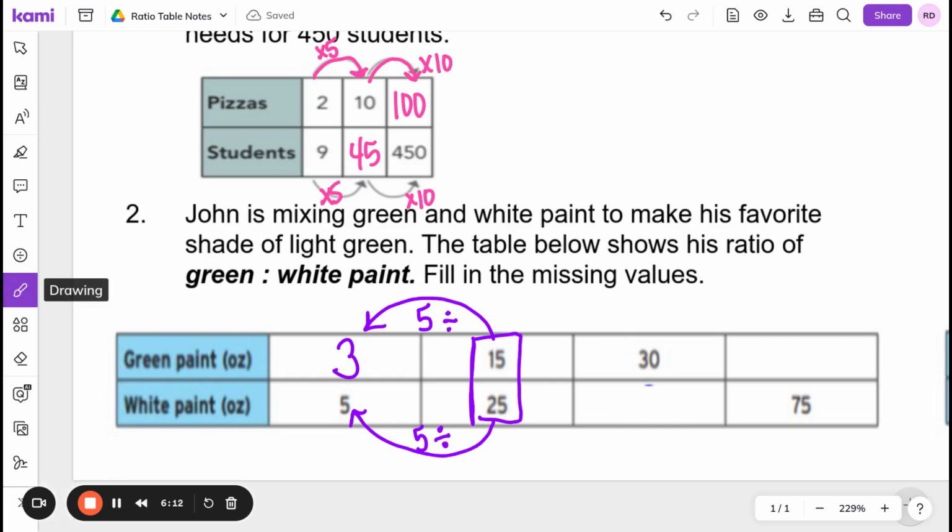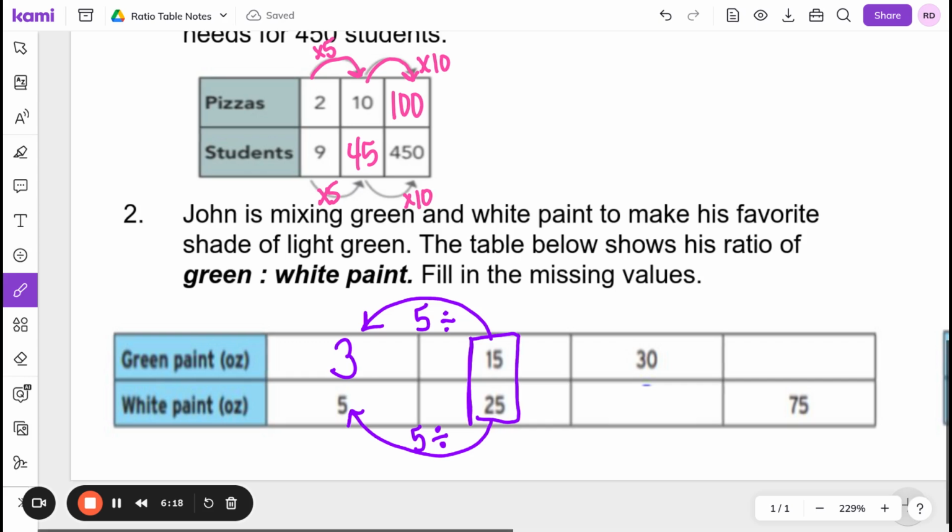If we start going in the other direction, we're still going to start with our starting ratio of 15 and 25. If I want to turn a 15 into 30, I got bigger, so I'm multiplying, and specifically multiplying by 2. Whatever you do to the top, you do to the bottom, and 25 times 2 is 50.